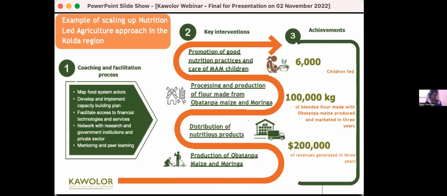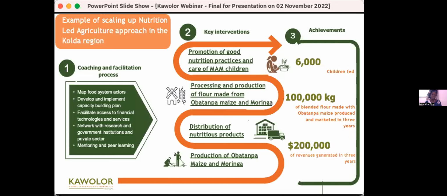I think Papa talked about the importance of research in NLA. We link them with Senegalese institutes like ISRA, ITA, and with government institutions like the national institution for consulting, ANCAR, and the private sector.